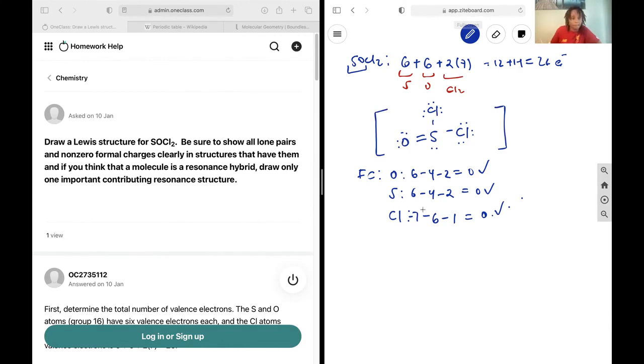And so there's only one equivalent structure if it has any resonances. Actually, the resonance structure that it does have is instead what we drew before, where the 26 electrons are taken care of, but the formal charge is a bit different.